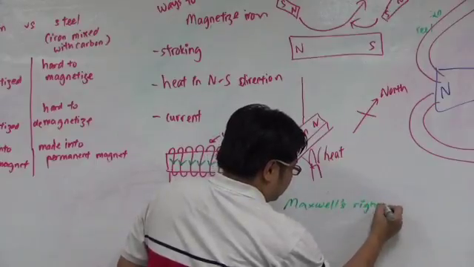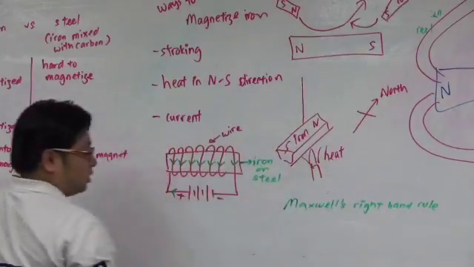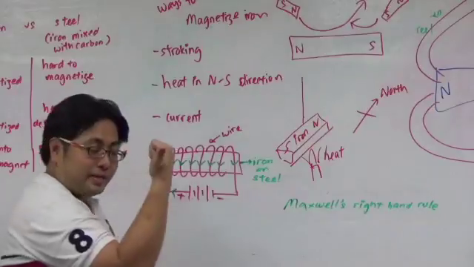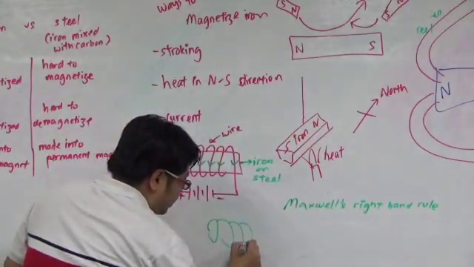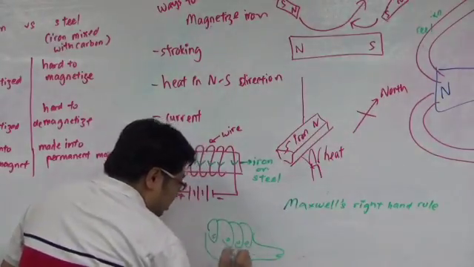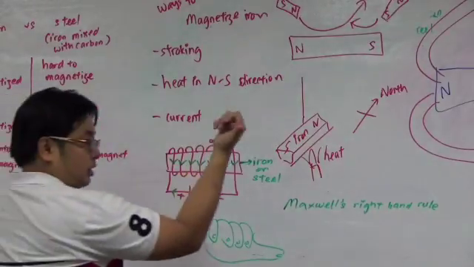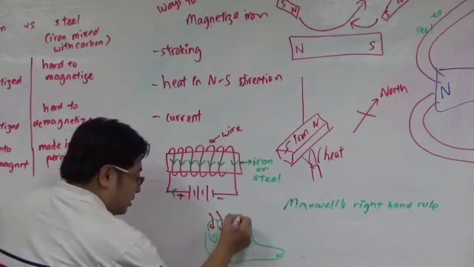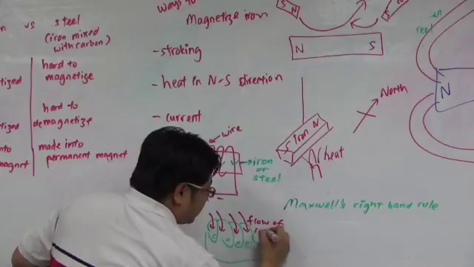Use your right hand. So do like this. Good. So this is your fingers. Look at these fingers. This is the flow of the conventional current.